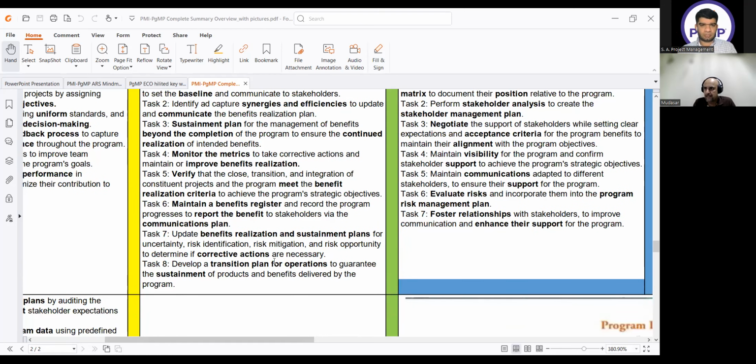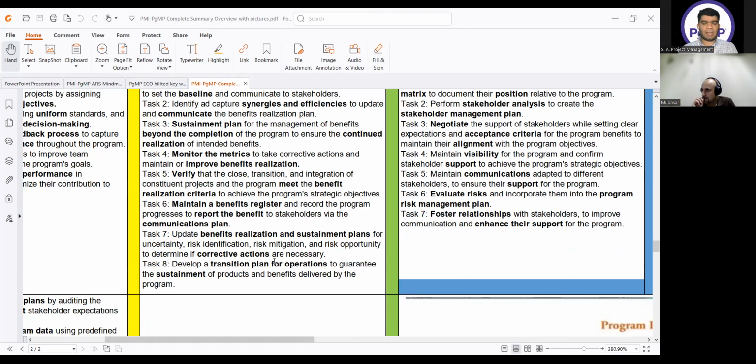Number 7 is update benefit realization and sustainment plans for uncertainty, risk identification, risk mitigation, and risk opportunity to determine if corrective actions are necessary. So anything related to risk identification, mitigation, or opportunity, and to determine what corrective actions are needed, we have to update the benefit realization and sustainment plans.